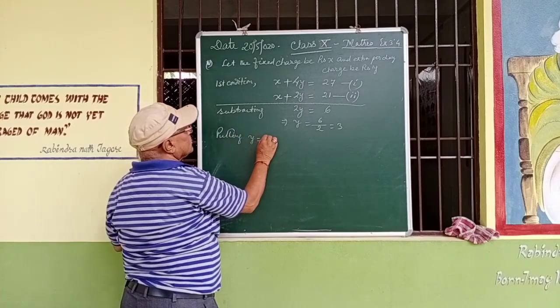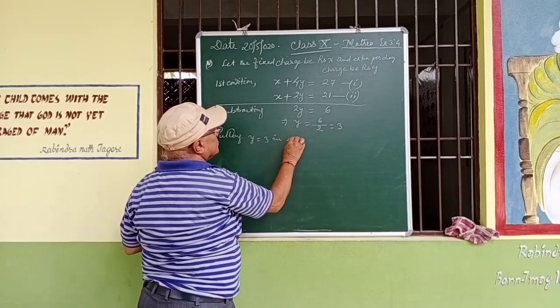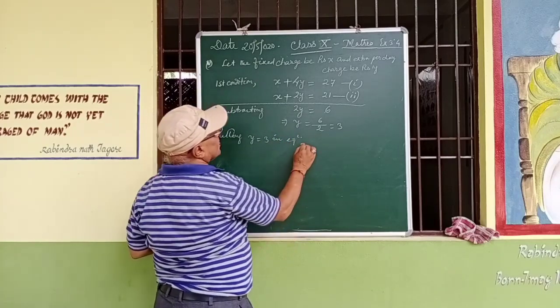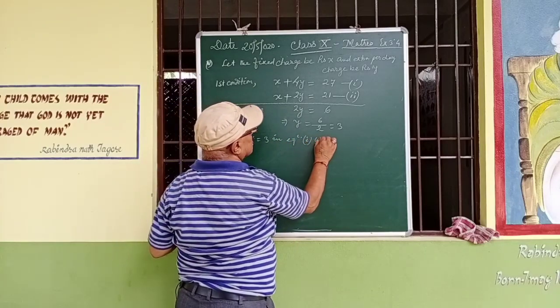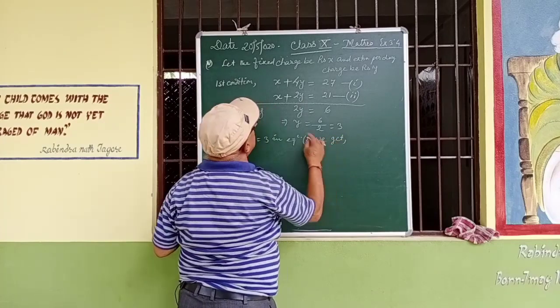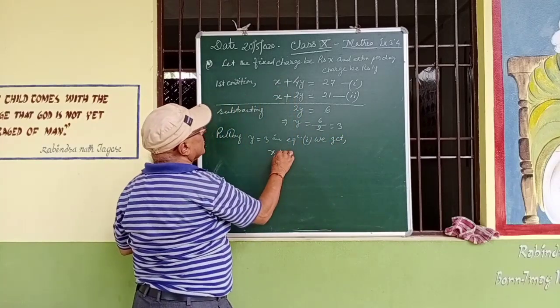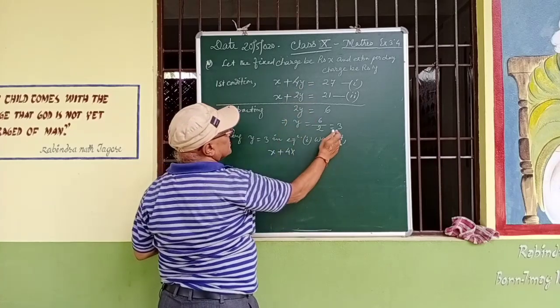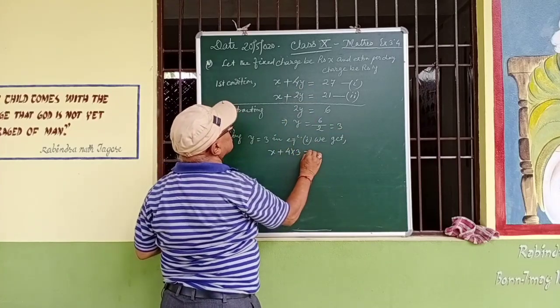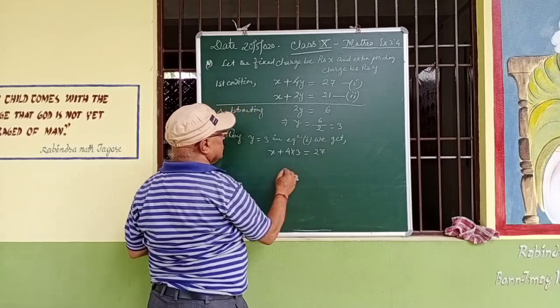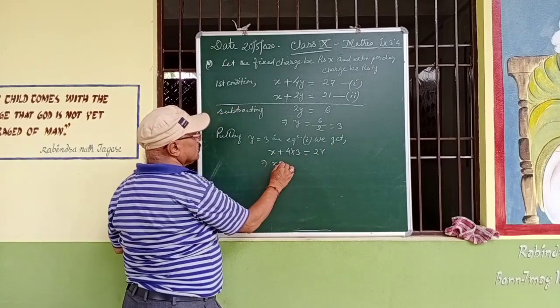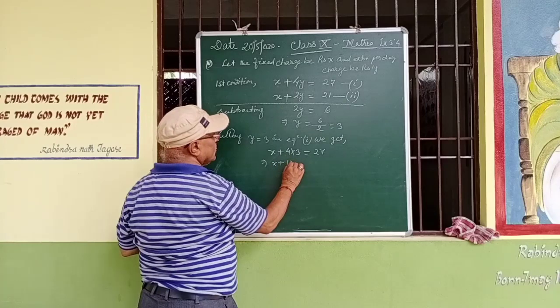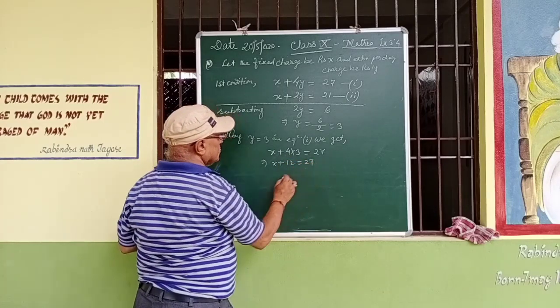Putting y is equal to 3 in equation 1, we get x plus 4 into y, y is 3, so we put 3 here, is equal to 27. Or x plus 3 into 4, 12, is equal to 27.